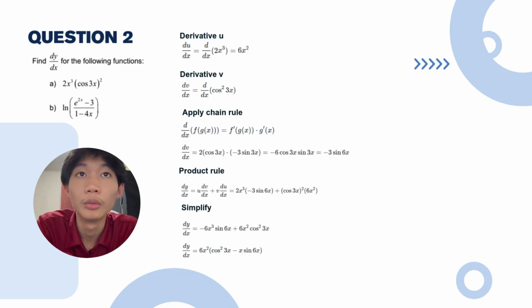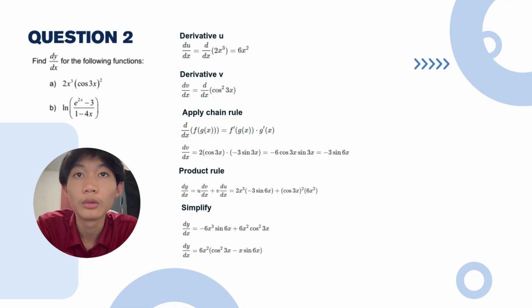From the formula given, the answer is dv over dx equals 2 times cos 3x times negative 3 sin 3x, which is equal to negative 6 cos 3x sin 3x, equal to negative 3 sin 6x.